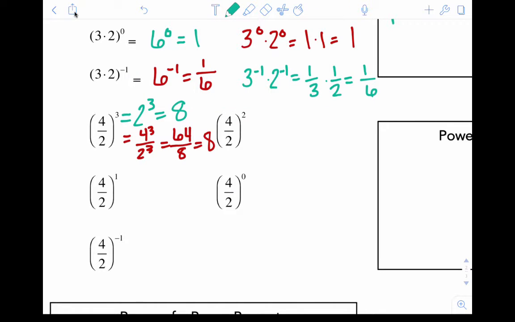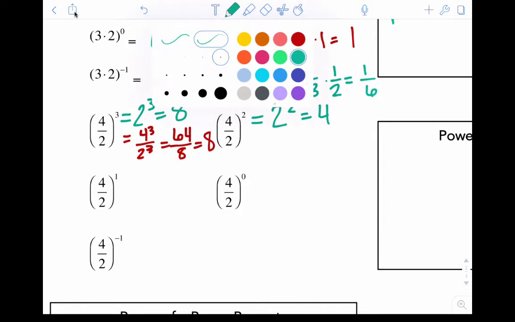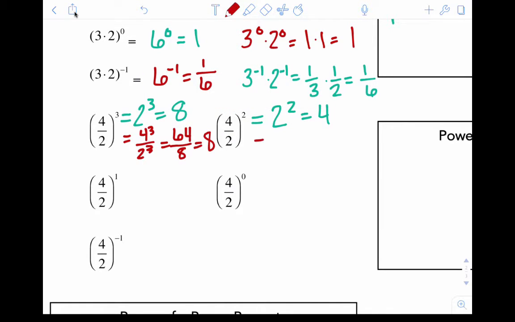The next one, let's do 4 over 2 squared. First, I'm going to work inside the parentheses. 4 over 2 is 2. So I have 2 squared, which is 4. Now if I were to distribute that, I would get 4 squared over 2 squared, which is 16 over 4, and that equals 4.